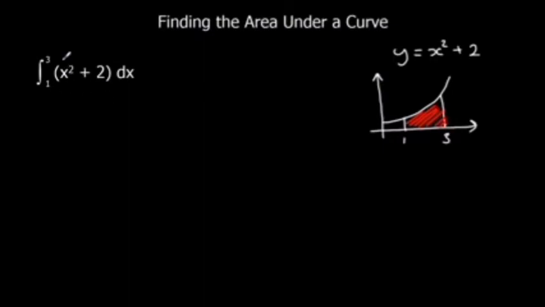Good, very fine. Now we want to integrate the function we have on the screen. Integrating that between those limits shows we are finding area under the curve. This is one of the applications of integration. So if I integrate that, I have x raised to power 3 over 3, plus 2x.